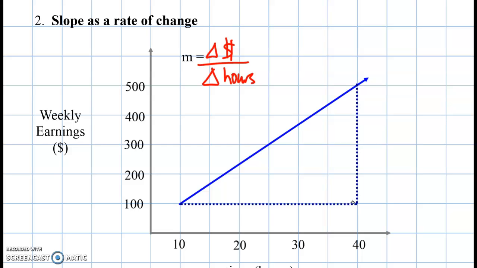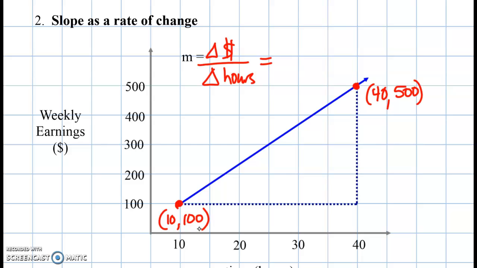So in this case, our slope would be, here's this point and here's this point. So we're finding 2 points on the line that are right on the grid. So this would be 40 hours yields $500. Here, 10 hours yields $100.